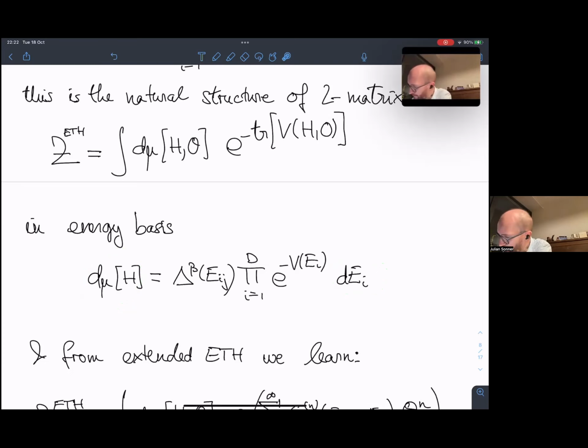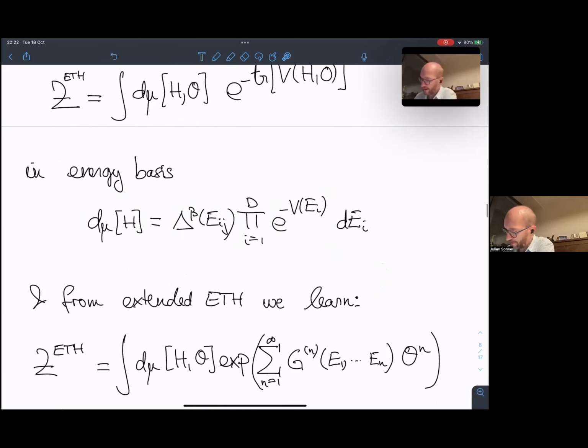I have some non-trivial potential that I can put in here for the eigenvalues, e to the minus V of E_i. And then I also have here the Vandermonde determinant, where I'm not committing to what beta is, because that depends on the specific universality class that we want to be in. So 1, 2, or 4.